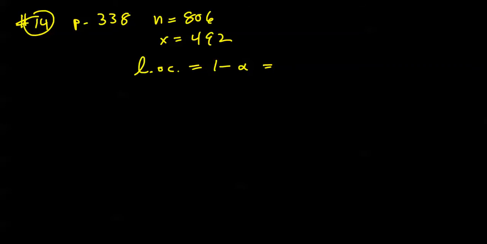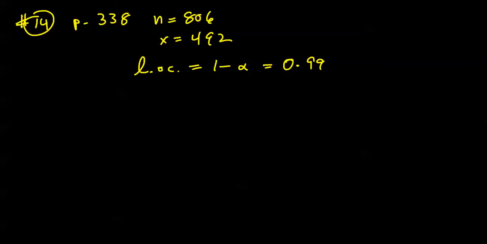We'll talk about alpha, maybe not so much today, but later on. 1 minus alpha is your level of confidence, and here it's explicitly given to us as 0.99. So we want to construct a 99% confidence interval for the population proportion who identify their favorite seat as the window seat when they fly.